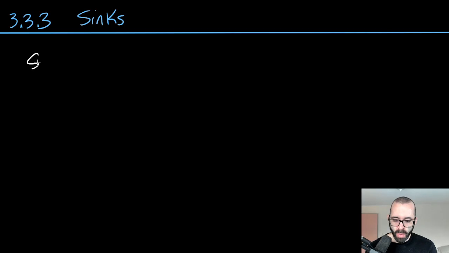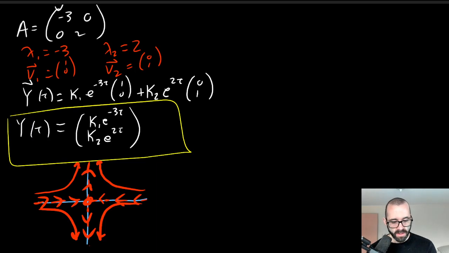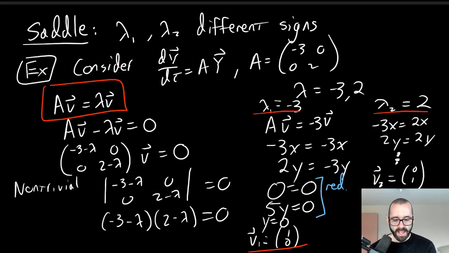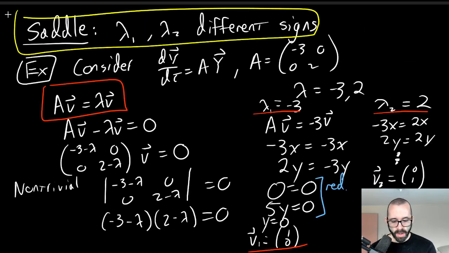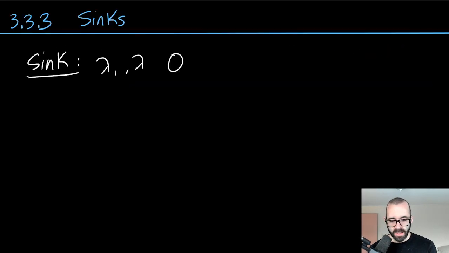We can find joy in mathematics. So an equilibrium point is a sink if lambda 1 and lambda 2 are both the same sign, and specifically, are they both negative or both positive? Saddles, which we also had a picture, was a saddle point was when they were both different signs. A sink, what do you think?